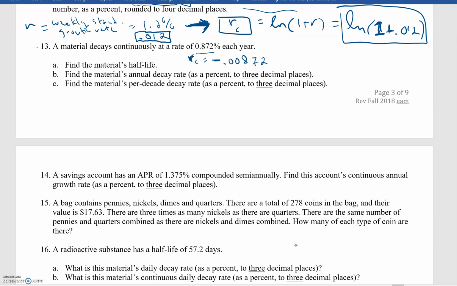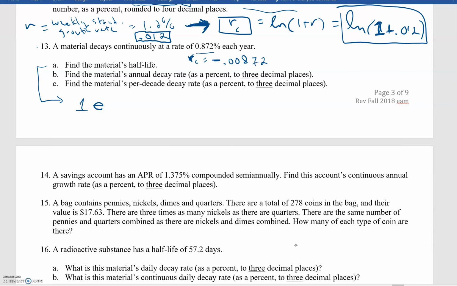All right, so with that in mind, if I want to find the half-life of this, basically I need the model. And since I don't have an initial value, let's assume that our initial value is 1. And since it's continuous, we're going to be using the continuous growth or decay model.